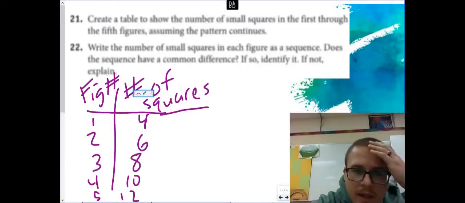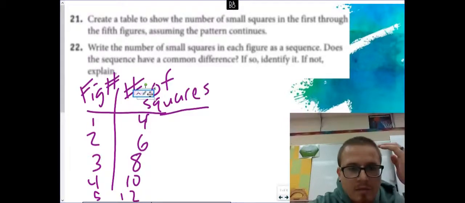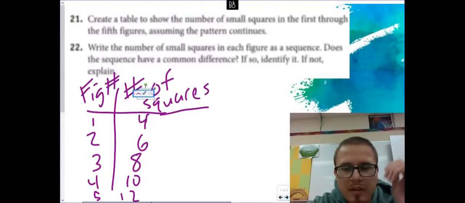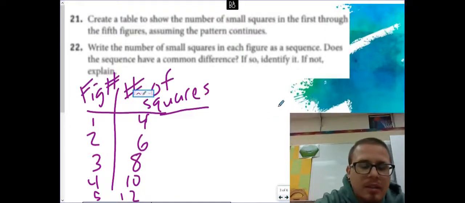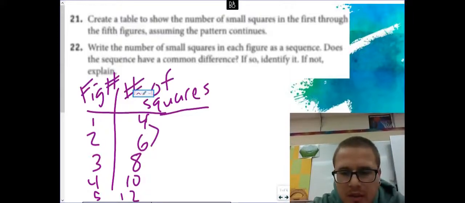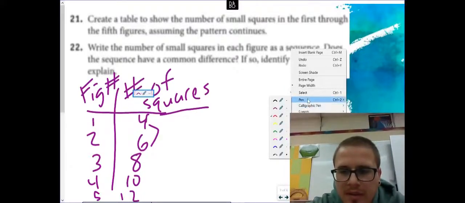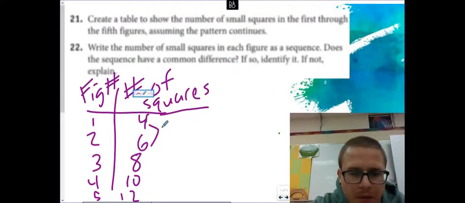Now, I got to know what the common difference is. The common difference is really the same thing as a pattern. Sorry, I'm trying to figure out how to change my pen color. What's the pattern? What's the common difference? From 4 to 6, we went up +2.